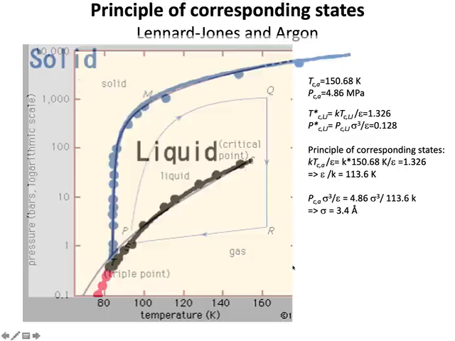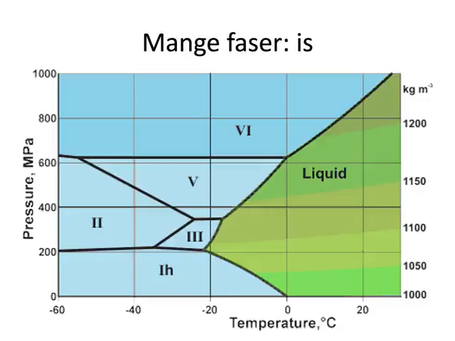Solid, liquid, gas phase diagrams always have a liquid-gas coexistence line ending in the critical point, and a coexistence line like this, and they end in the triple point. So for solid, liquid, gas, this is quite generic, and there is only one liquid state and only one gas state.